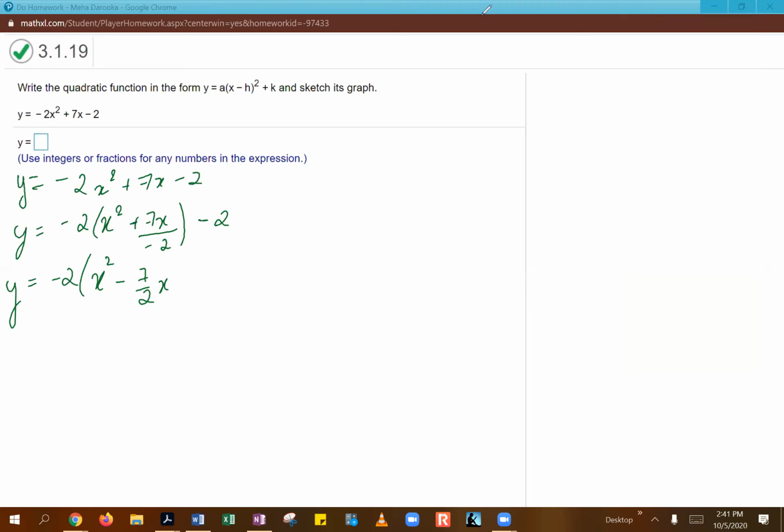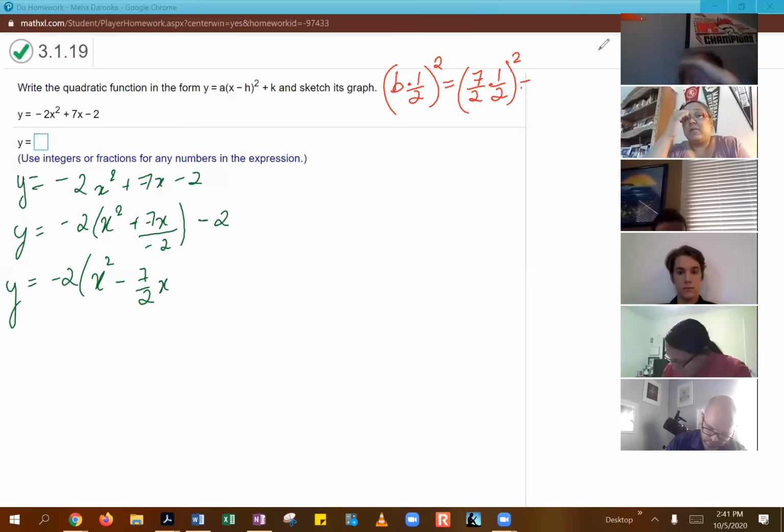So again, remember, since we have a fraction for our b middle term coefficient, we'll go ahead and take our b value, multiply by 1/2, and then square the whole thing. So that will be basically our 7/2 multiplied by 1/2, and then square that. And what will that come out to be?